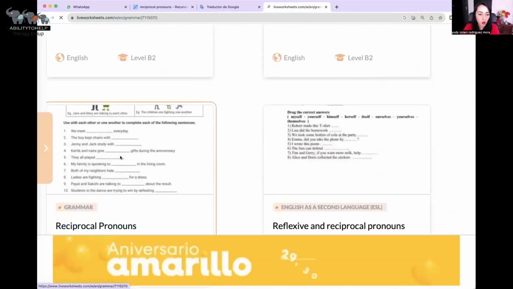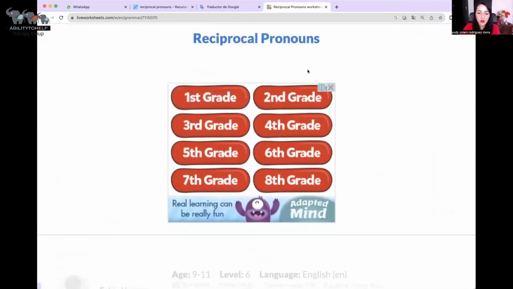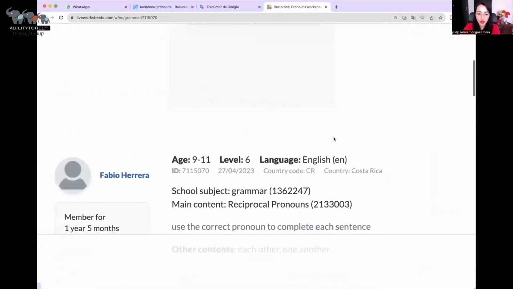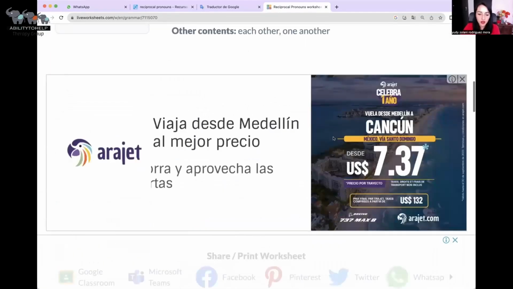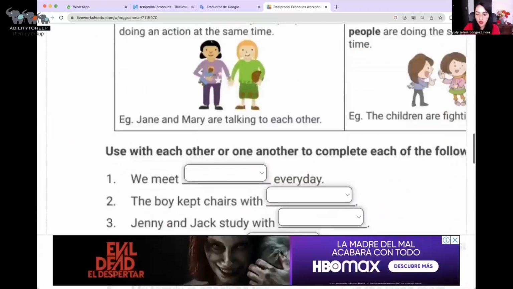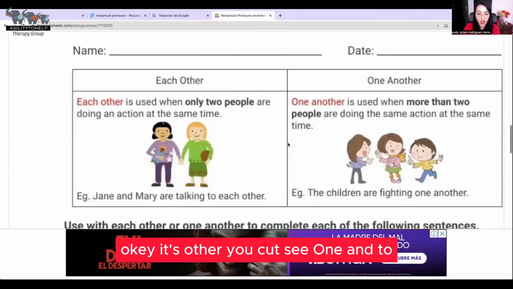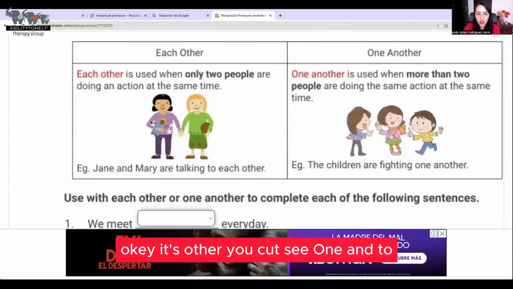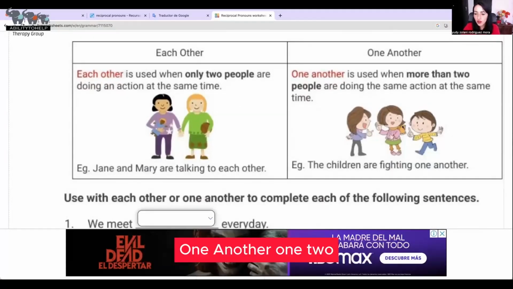Here we have one activity about reciprocal pronouns. Okay, here, let's see. Each other, you could see 1 and 2. One another, 1, 2, and 3.